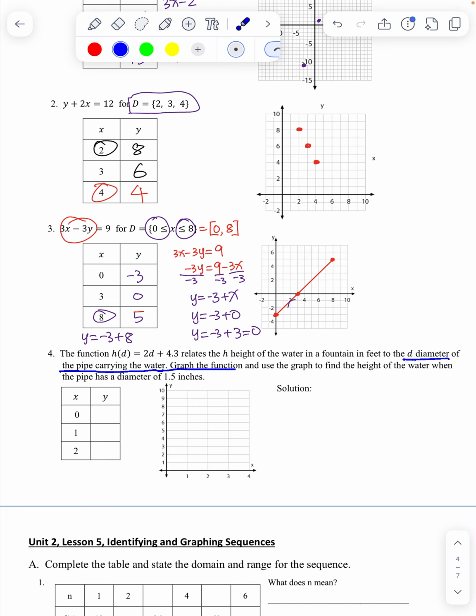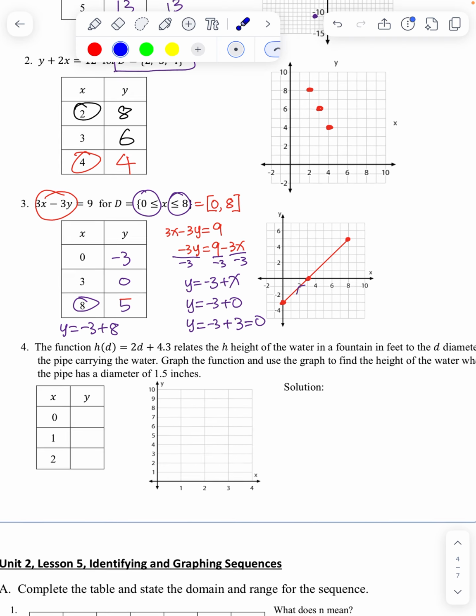Graph the function and use the function to find the height of the water when the pipe has a diameter of 1.5 inches. So that means the height of the water in a fountain. If you use a bigger pipe, the water flow is going to be quicker, heavier, so the water is going to rise up quicker. Right?